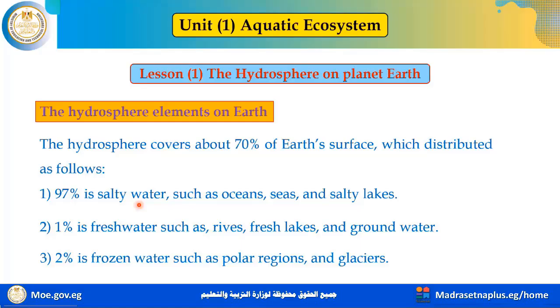So this is called what? The hydrosphere elements on Earth. So in this part we explained the different ratios of the hydrosphere components. My dear students, all of you concentrated with me. That's good. Let's go to another part of our lesson today.